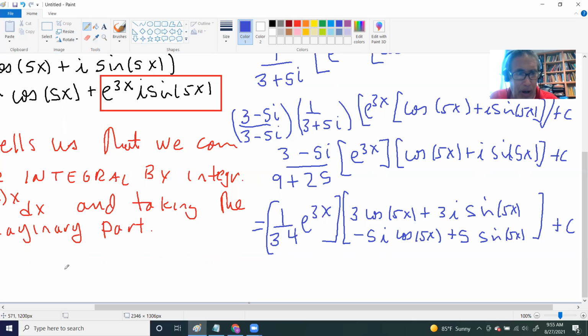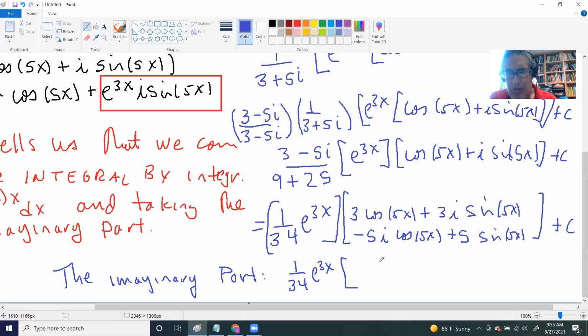So the imaginary part will be basically everything that has an i. So it'd be 1 over 34 e to the 3x, then we have the 3 sine 5x minus 5 cosine 5x.